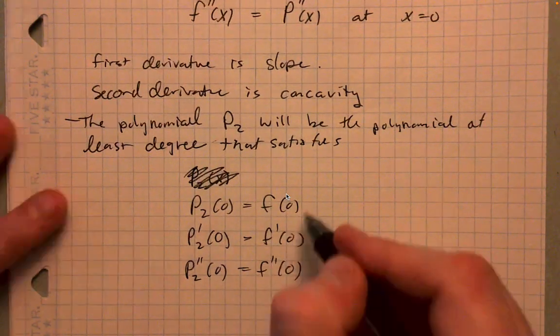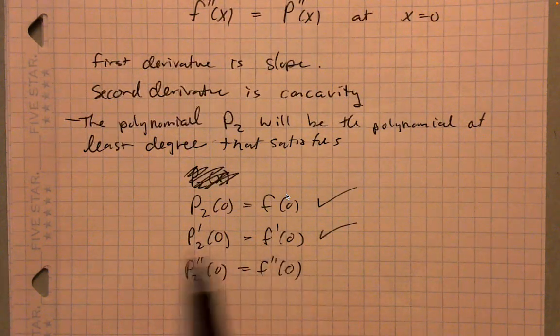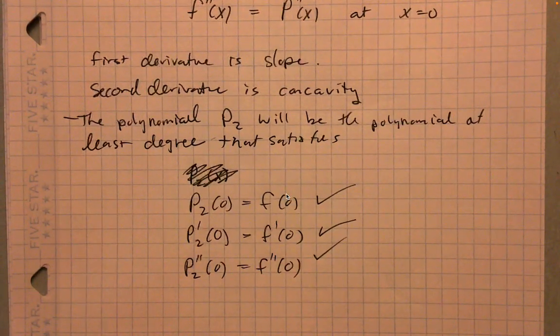So previously we had these two, and consequently the polynomial of least degree was linear, and so had no curvature. So now we introduce this constraint, which means we'll have to have a different polynomial naturally, but this one is going to have a value for the second derivative that equals that of f, right? So it means concavity will be the same.